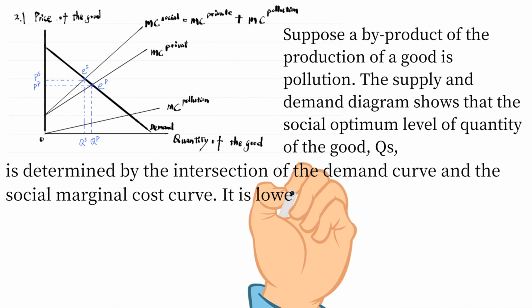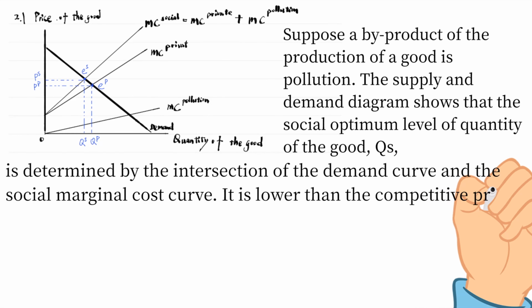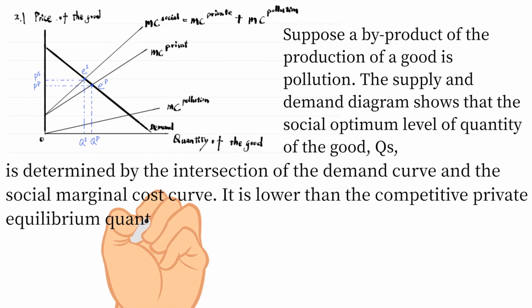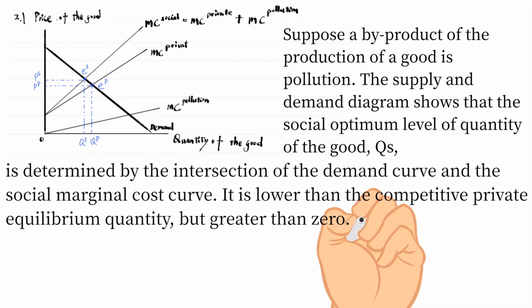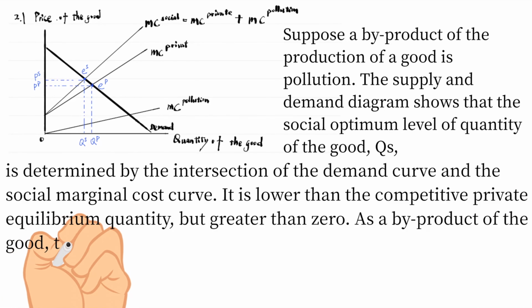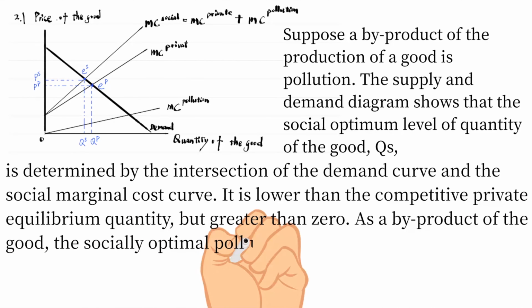It is lower than the competitive private equilibrium quantity QP, but greater than zero. As a byproduct of the good, the socially optimal pollution level is also greater than zero.